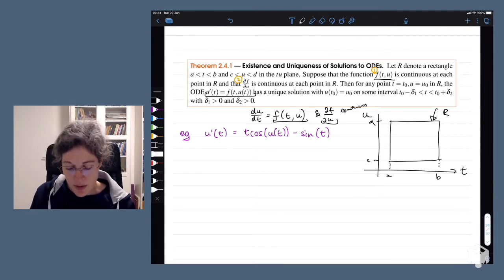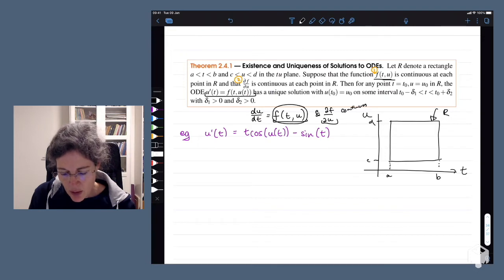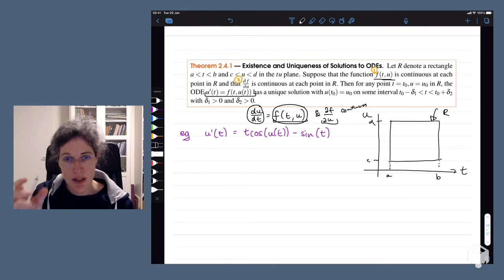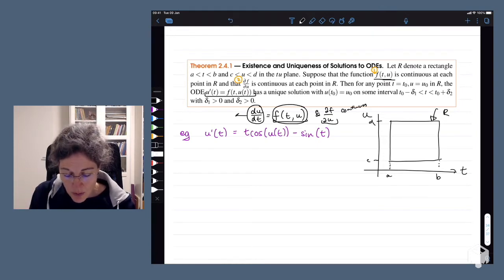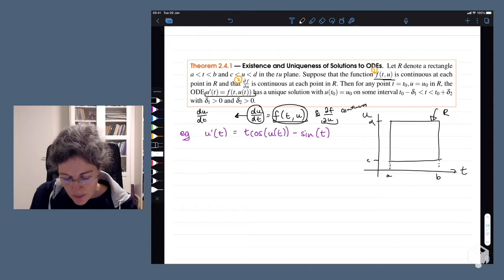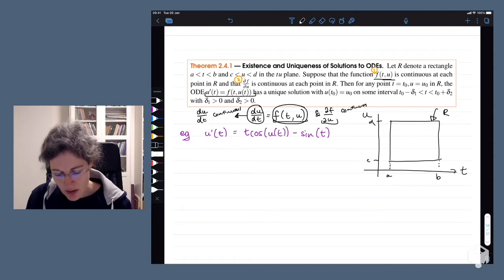So notice that when we say that our f of t and u has to be continuous, we're saying that du by dt has to be continuous because du by dt is equal to f. So we're really saying that the derivative of our solution has to be continuous.